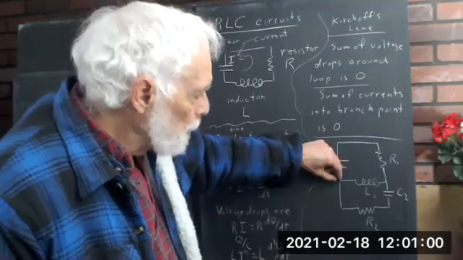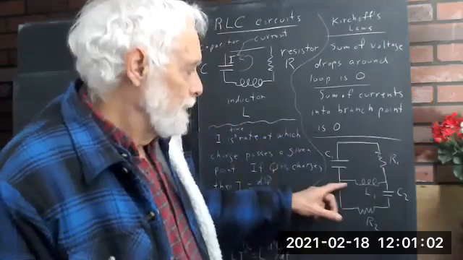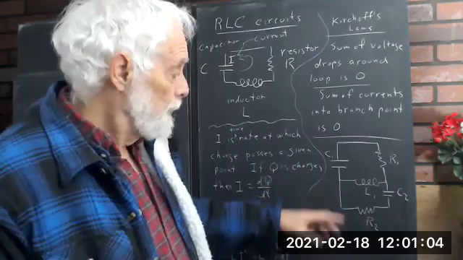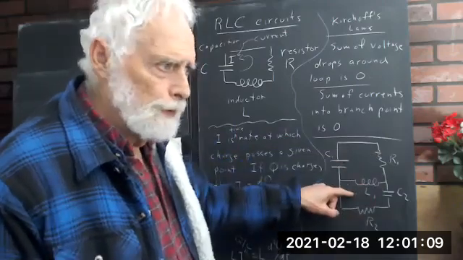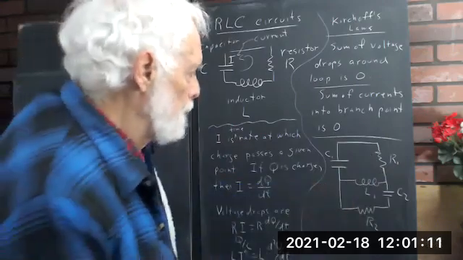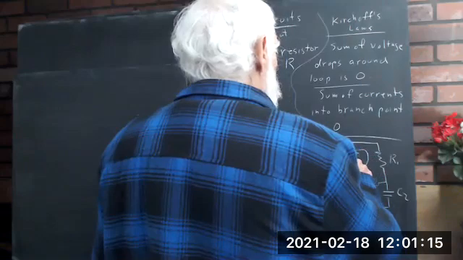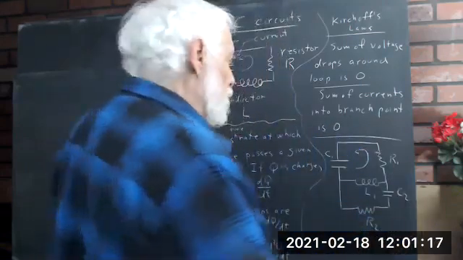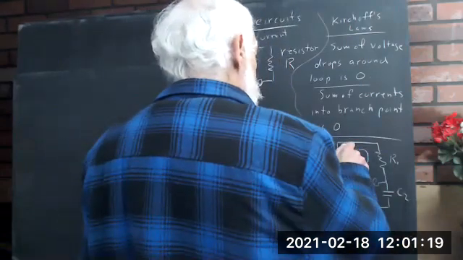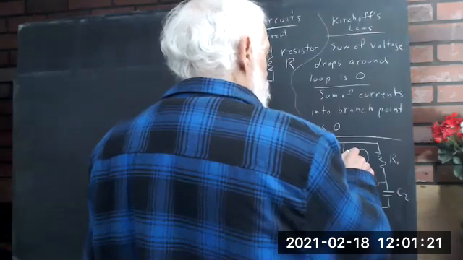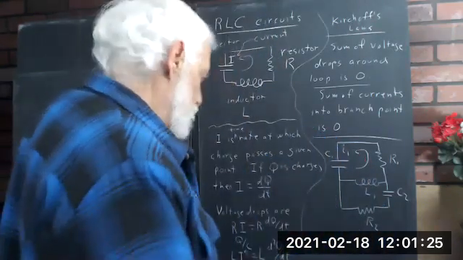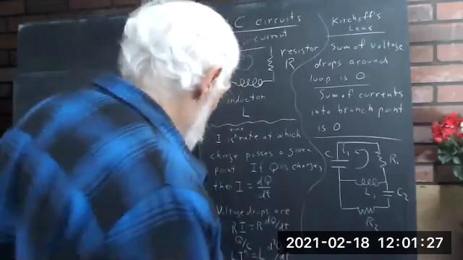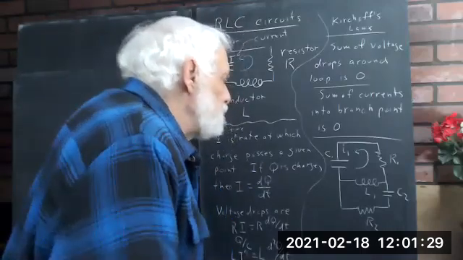But since the current branches here, the current that goes through these two is not necessarily the same as the current that goes through this one. So I've got a current. Your book likes to use a lowercase i. I like to use an uppercase I, but I'll go with the book. I've got a current I1, and it's not all the way around this loop.